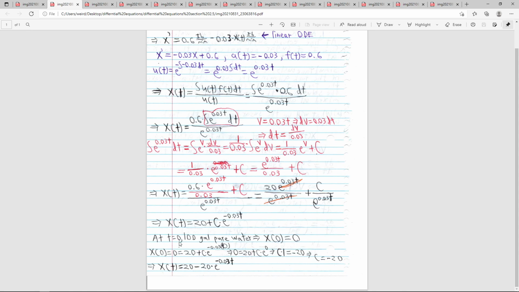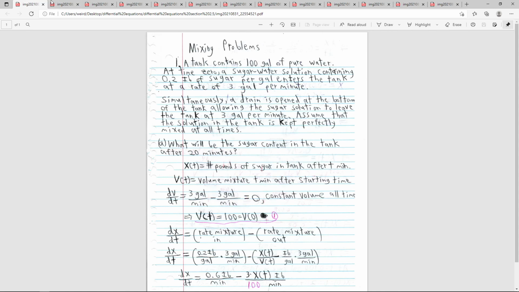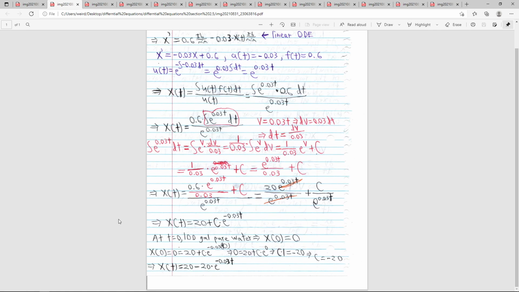And at t equals 0, we have 100 gallons of pure water, which implies that x0 equals 0. There's no sugar in this case, so x0 equals 0.